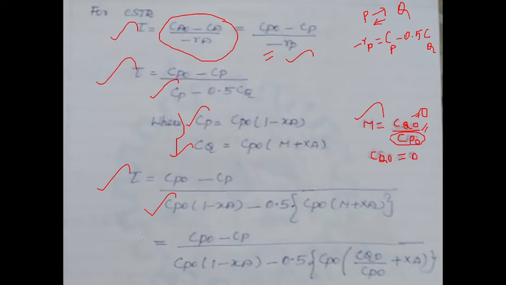The numerator part stays the same, Cp naught minus Cp, divided by the denominator Cp naught into 1 minus Xa minus 0.5 into Cp naught into m plus Xa. What is the m value? Cq naught by Cp naught, plus Xa.